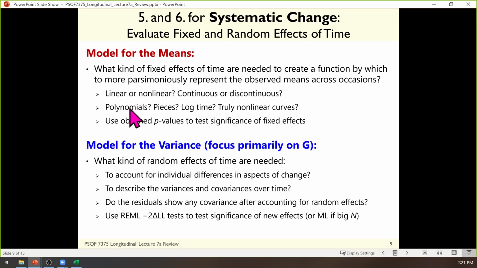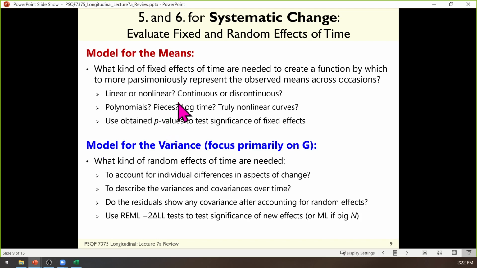We had polynomial examples, and we used log time to approximate an exponential curve piecewise. There's 1,000,001 alternatives to this. I added some articles to your reference list for other hacks for nonlinear models of change that people have come up with, who figured out a way to make SEM software or MLM software estimate them. So I added those additional things to your reading list.